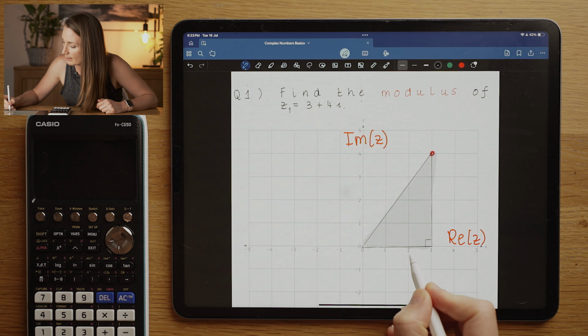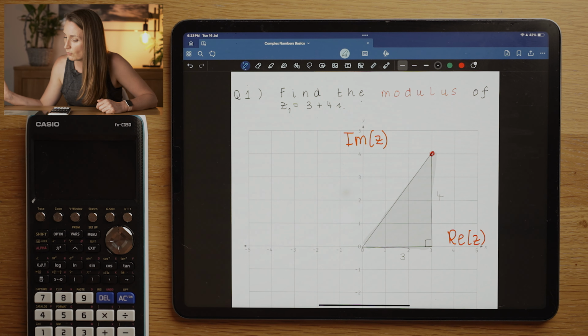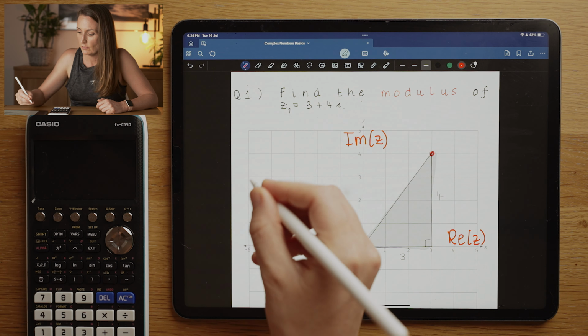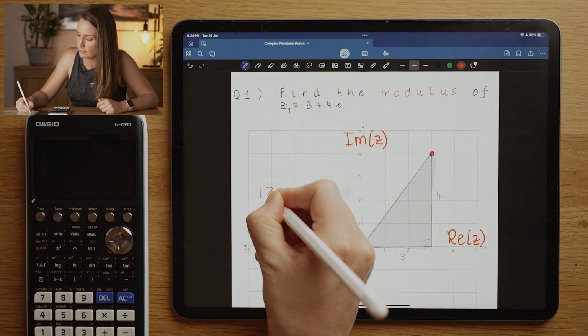Now remember, we had 3 on the real axis and 4 in the imaginary axis. To find the modulus of this complex number, you're going to use a skill which is really familiar to you, which is how to find the hypotenuse of a right angled triangle. The notation that we've seen before in the modulus series is 2 vertical bars.